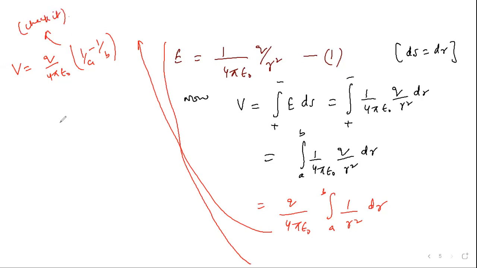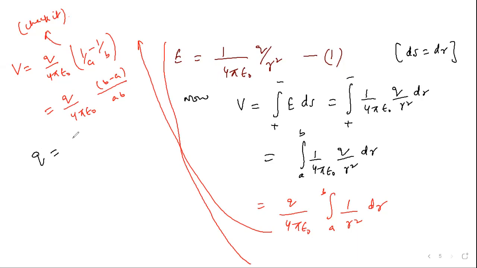Again, I did it this way: Q by 4 pi epsilon naught, ab upstairs, I write b minus a. Right. So I rearrange it.